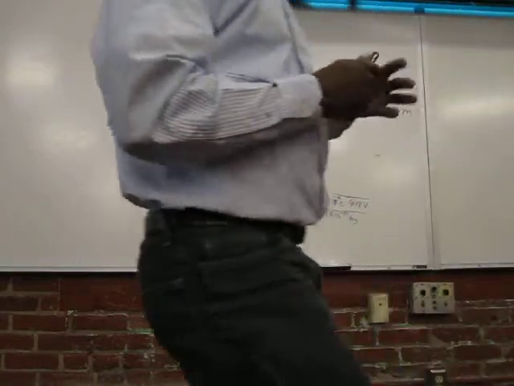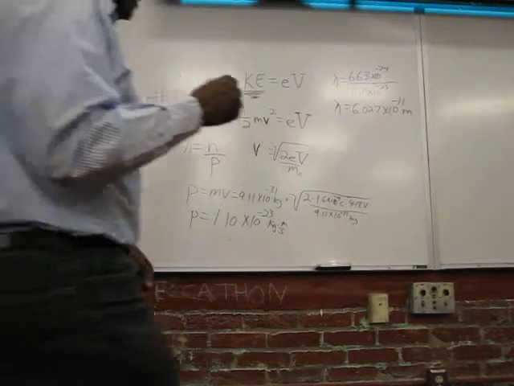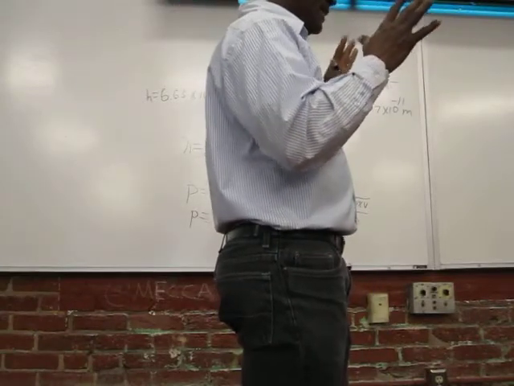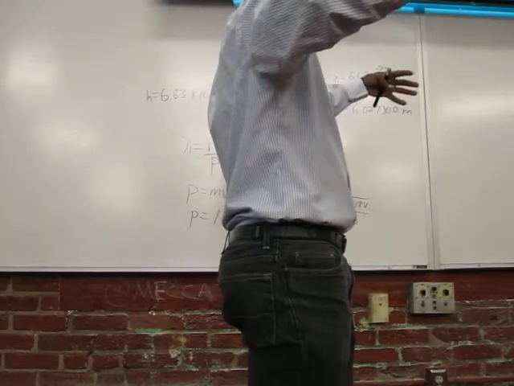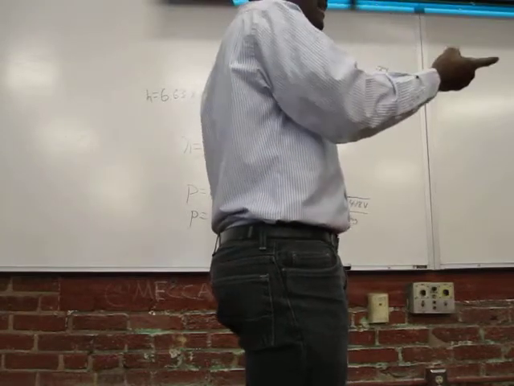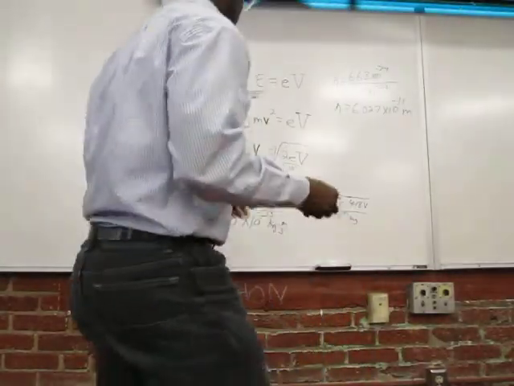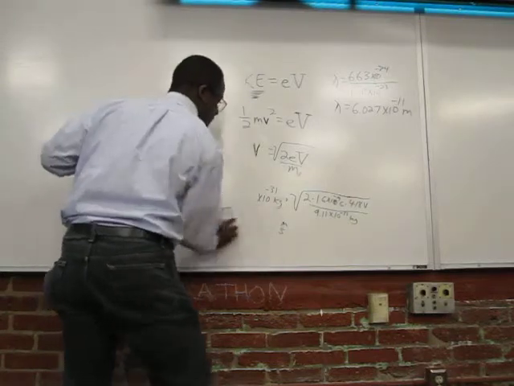This is what Max Planck, when he was looking at black body radiation, had: a formula that related the intensity of the light given off by a black body to the wavelength of that light, a certain distribution.